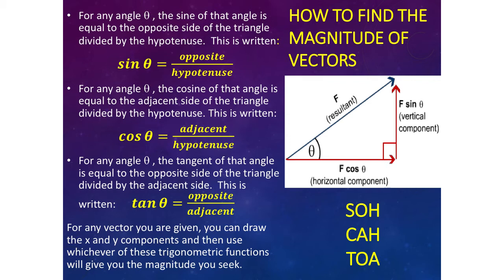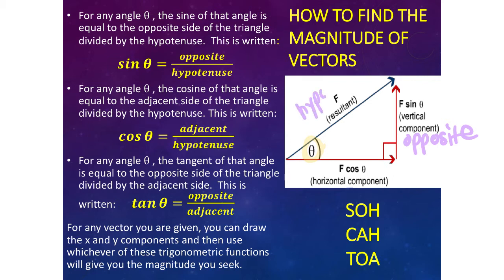All right, so there are 3 trigonometry things that we are going to learn: sine, cosine, and tangent, okay? Now, if I'm looking here at angle theta, right there, this is the angle that I'm talking about. So everything I'm about to look at is in relation to that angle. The sine of that angle is equal to the opposite side, which this would be the opposite side, divided by the hypotenuse.